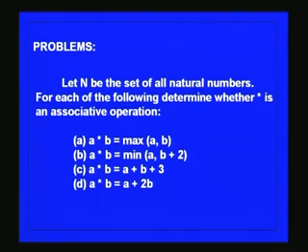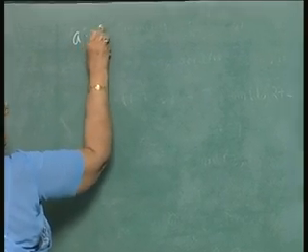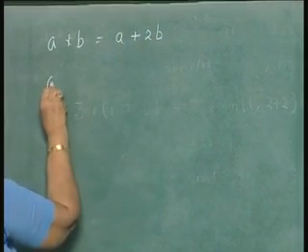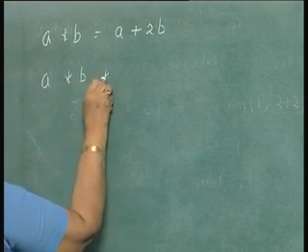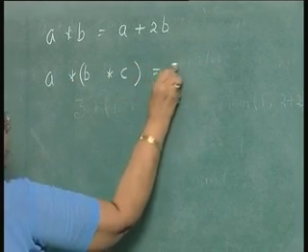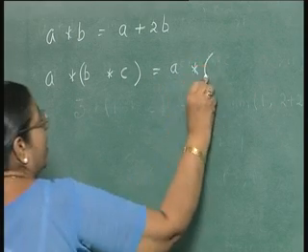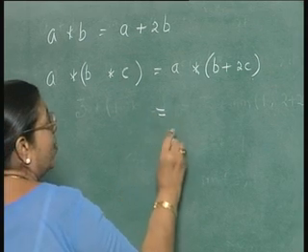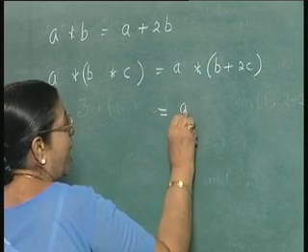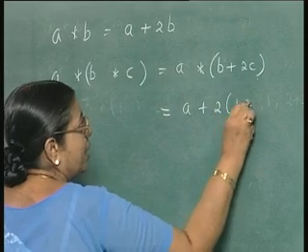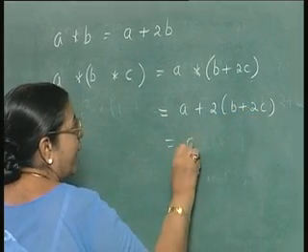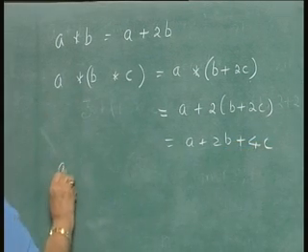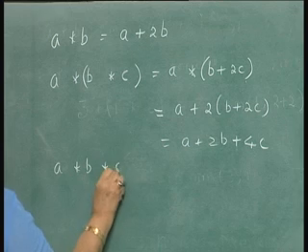Take the fourth one. A star B is defined as A plus 2B. So, what is (A star B) star C? That will be (A star B) plus 2C, and that will be equal to A plus 2B plus 2C. What can you say about A star (B star C)?